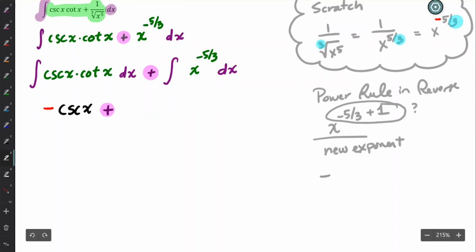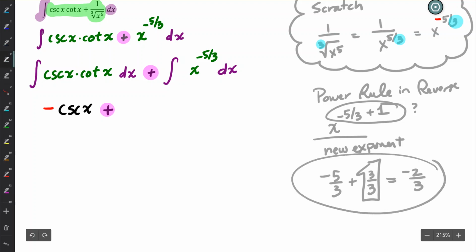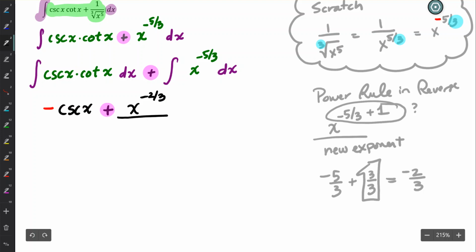To add anything, you need like terms. So for fractions, we need common denominators. Minus 5/3 plus 1 is minus 2/3. So here I've added 1 to the exponent. My new exponent is going to be x to the minus 2/3. And then we're going to divide by that new exponent.